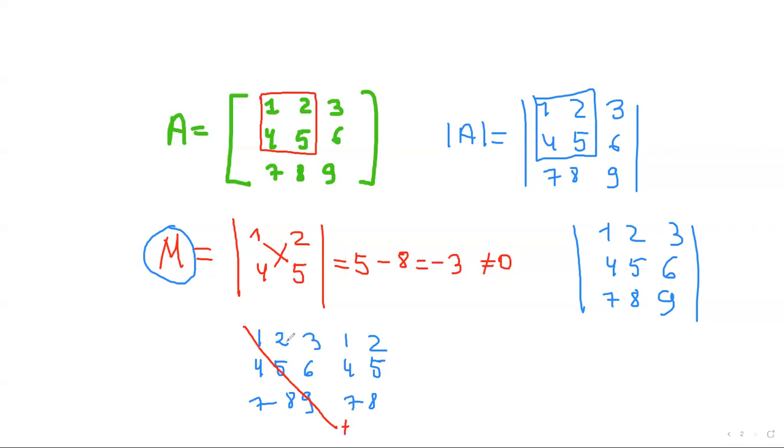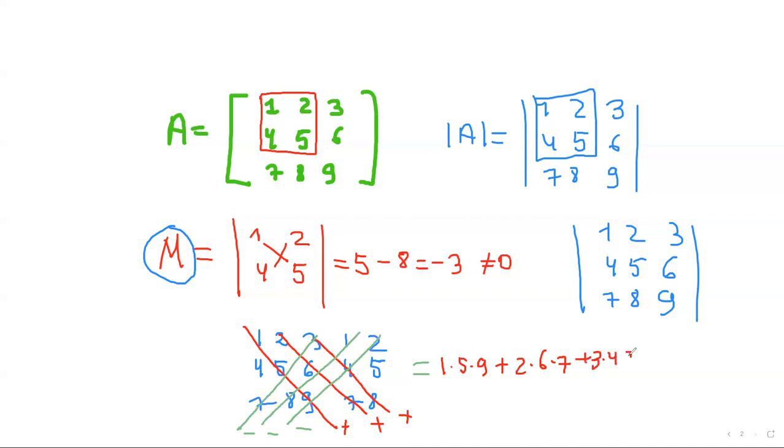It's positive, positive again, positive. And we are going to have the negative signs. So let's do our calculation. First of all come the positive terms: 1 times 5 times 9, plus 2 times 6 times 7, plus 3 times 4 times 8.